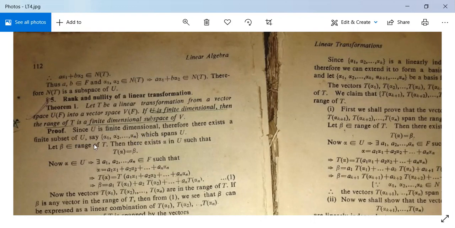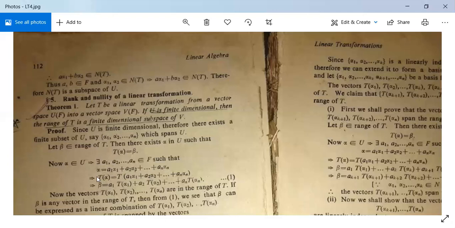Let beta belong to the range of T. Then there exists alpha in U such that T alpha is equal to beta, no doubt, from the definition of a function. Now alpha belongs to U implies there exist a1 up to an in F such that alpha is written as a1 alpha 1 plus a2 alpha 2 plus and so on plus an alpha n, because alpha belongs to U and alpha 1, alpha 2, up to alpha n span U. Therefore, alpha can be written as a linear combination of alpha 1, alpha 2, up to alpha n.